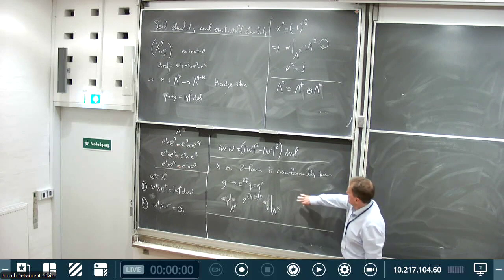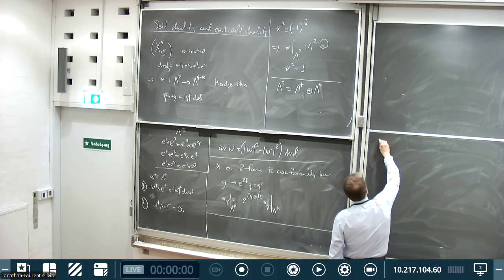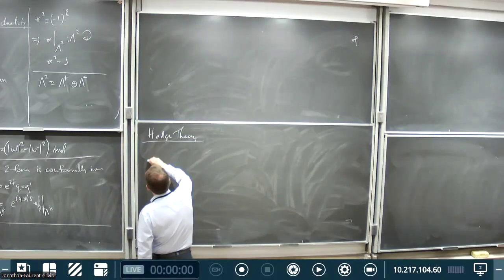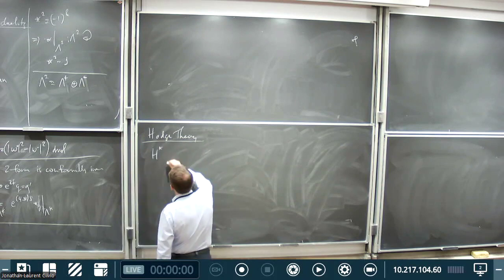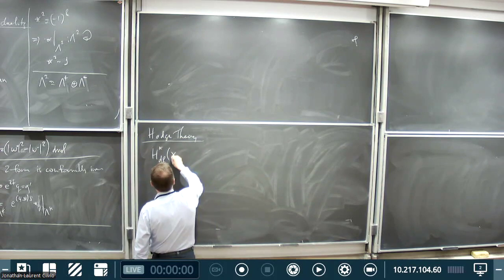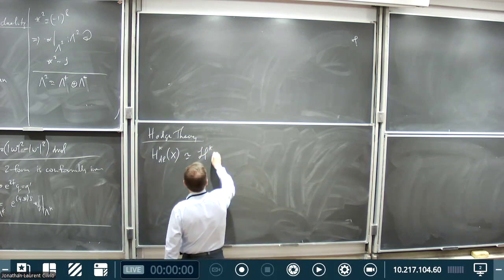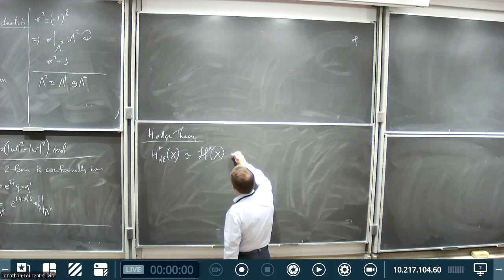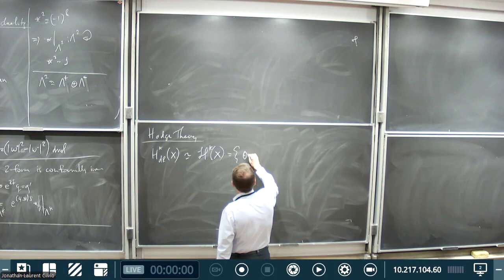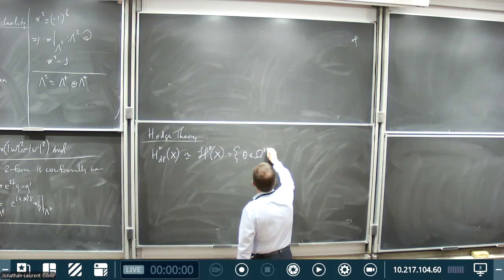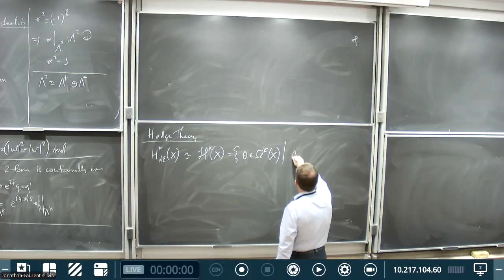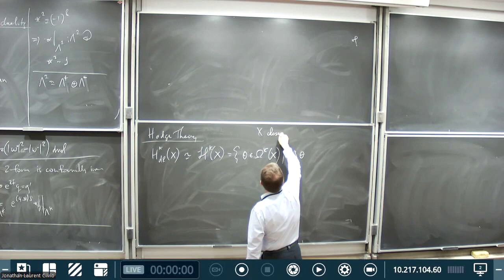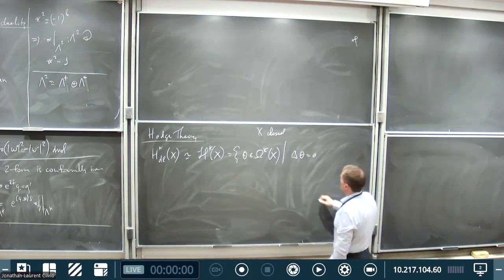Now, this is the pointwise story, and then there's Hodge theory. If X is an oriented manifold, then the de Rham cohomology of X is isomorphic to the harmonic forms, the harmonic k-forms on X. Say X is closed, at the moment with no boundary. Harmonic means the Laplacian is 0.